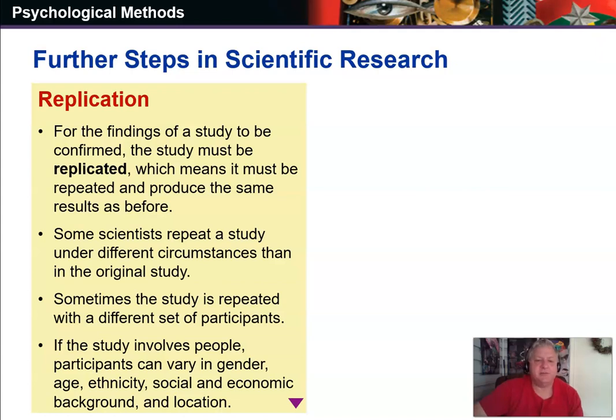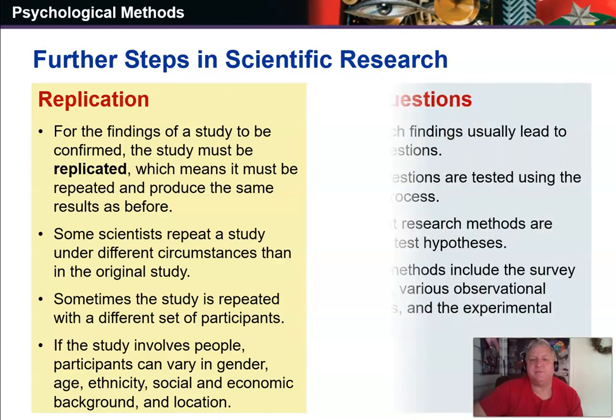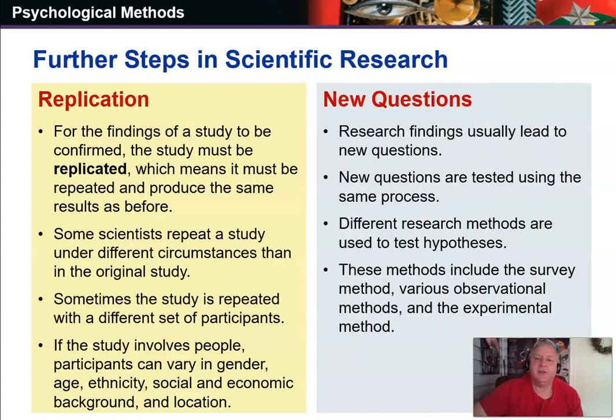If the study involves people, participants can vary in gender, age, ethnicity, social, economic background, and location. Research findings usually lead to new questions. New questions are tested using the same process. Different research methods are used to test hypotheses. These methods include the survey method, various observational methods, and the experimental method.